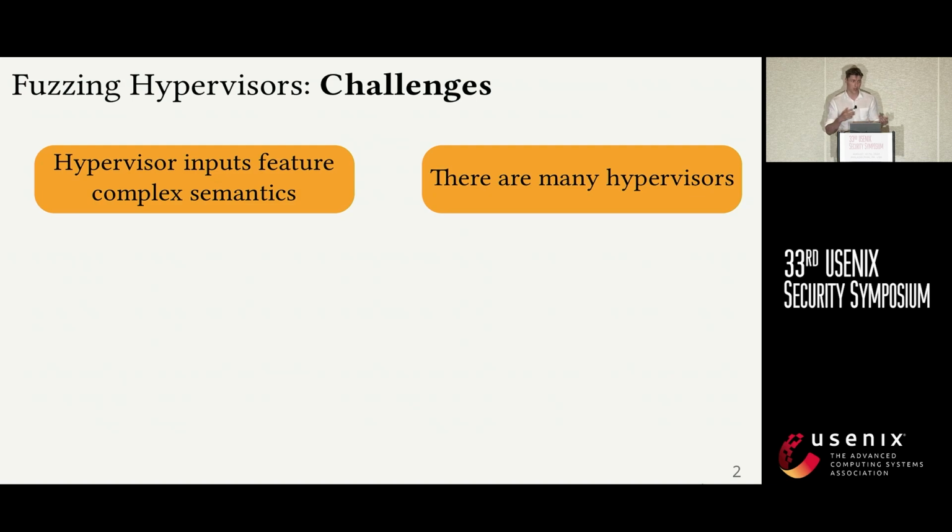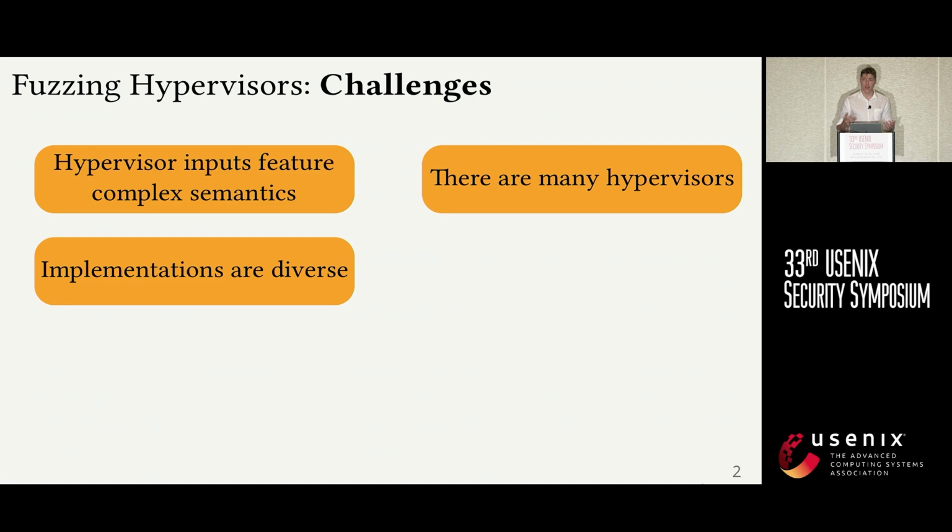Secondly, there are many hypervisors. As we just saw in the previous slide, the type of hypervisor that you'll be using on the cloud will probably differ greatly from the one that you're using on a personal machine, which will have user-friendly features. And that will, of course, differ a lot from what you'd see running in an automobile. The implementations of these hypervisors are diverse as well.